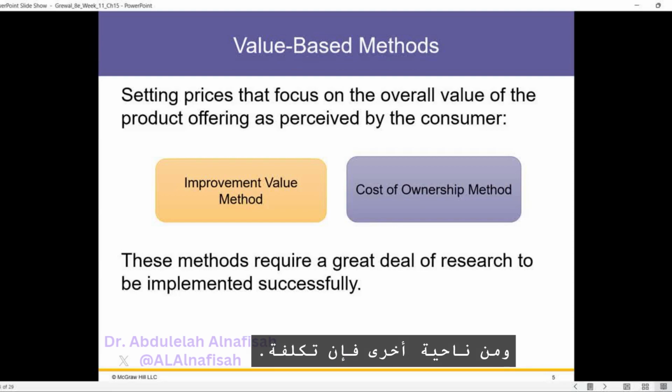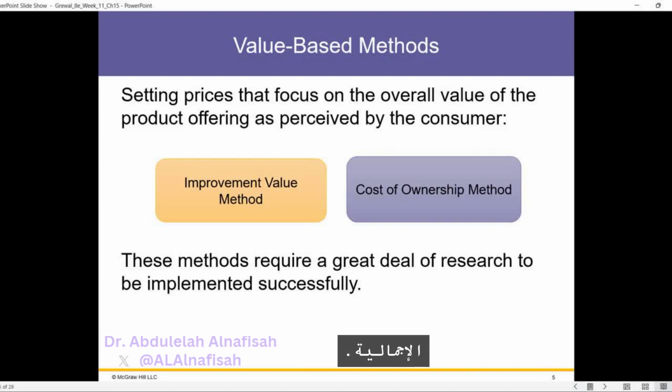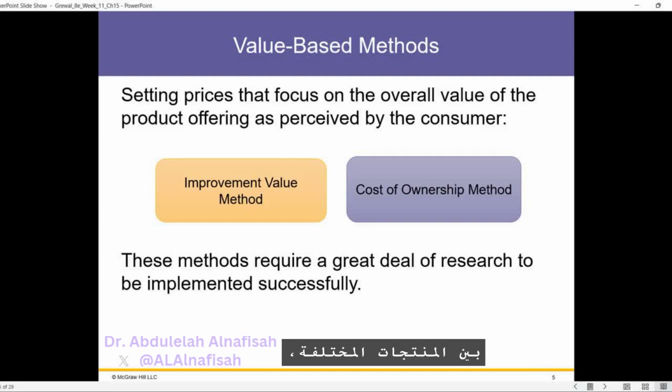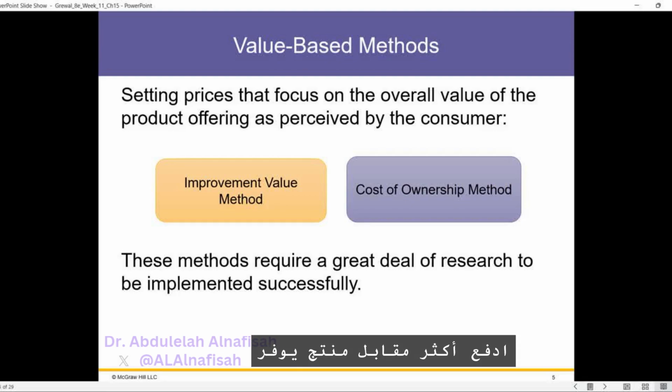On the other hand, the cost of ownership method evaluates the total cost of owning a product over its useful life. This includes not only the initial purchase price, but also ongoing costs, such as maintenance and repairs. By comparing the cost of ownership between different products, consumers may be willing to pay more for a product that offers cost savings in the long run.